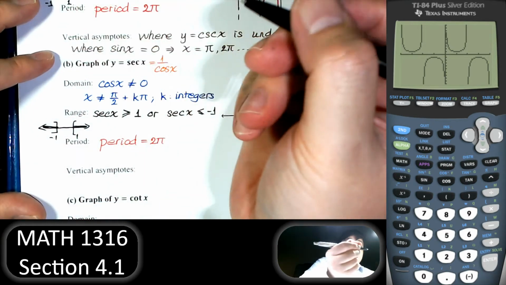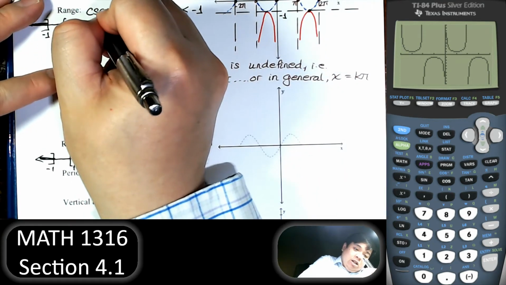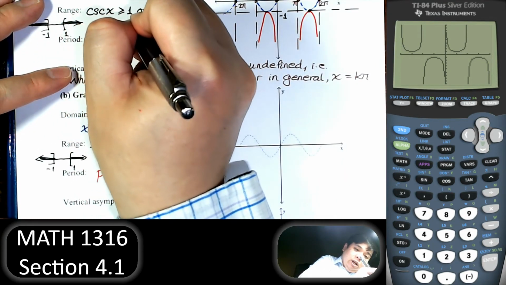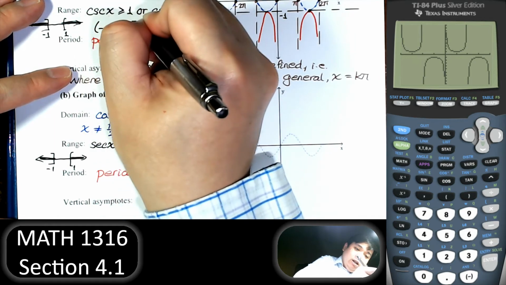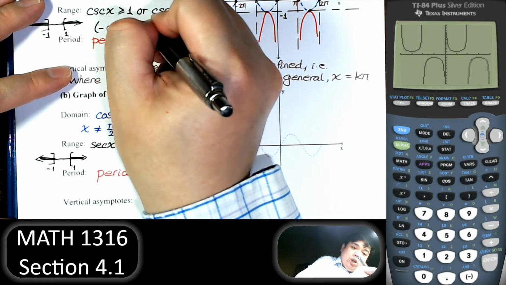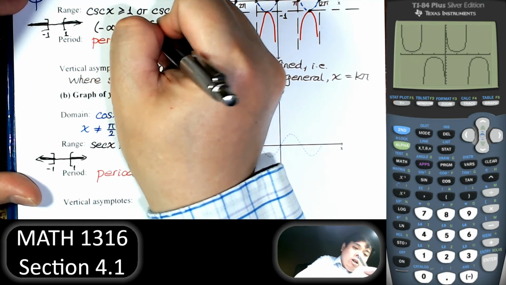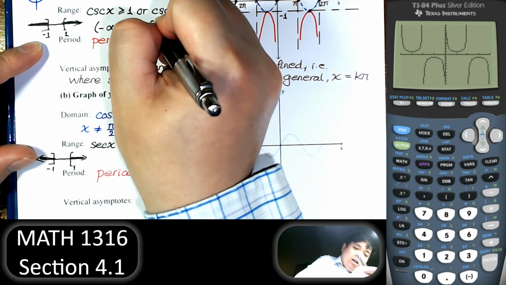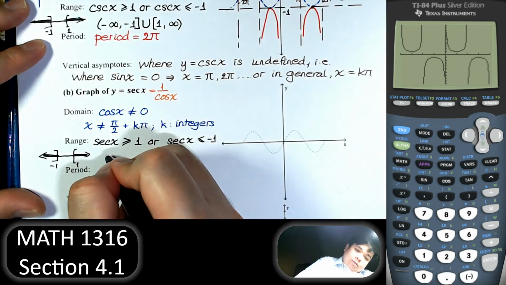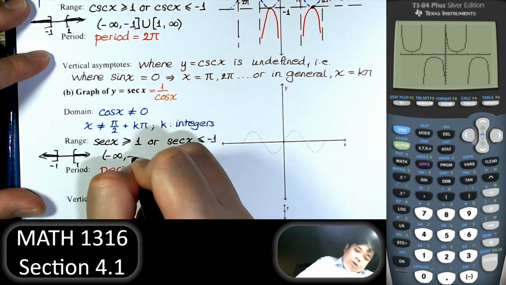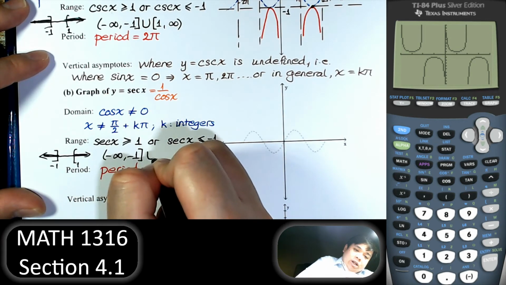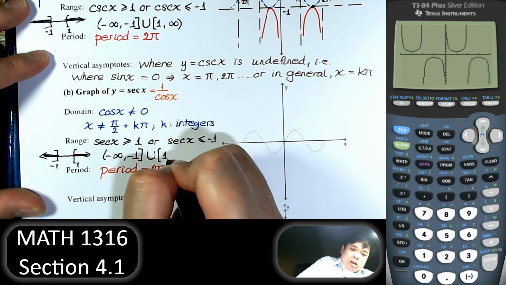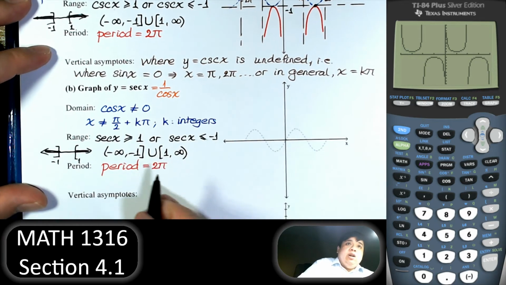Or if we write that in interval notation, I didn't do that earlier: negative infinity to negative 1, including 1, union 1 to infinity. Negative infinity to negative 1, union with 1 to infinity.